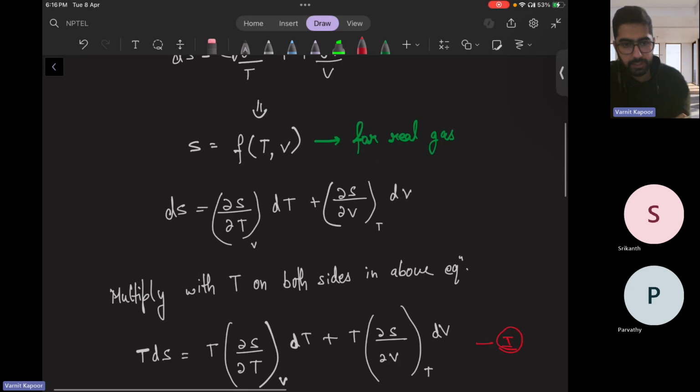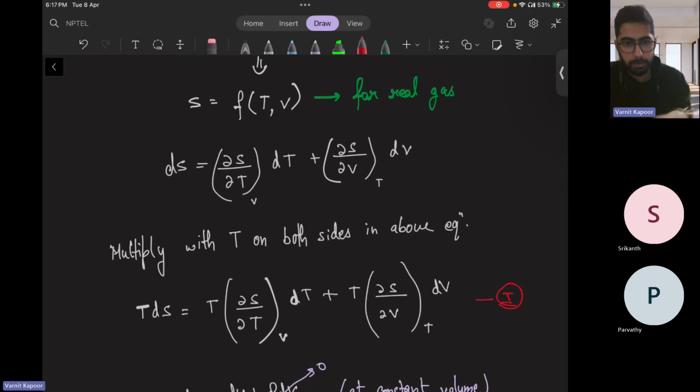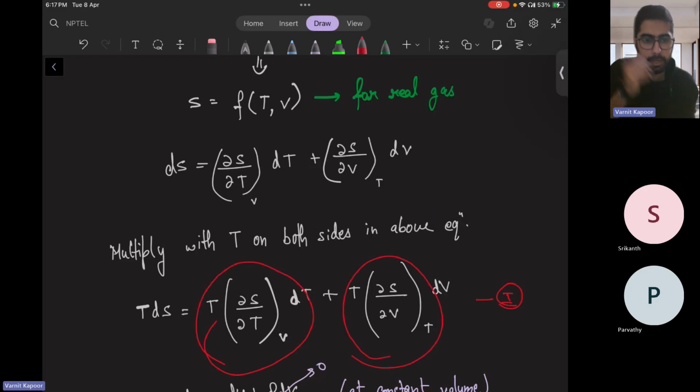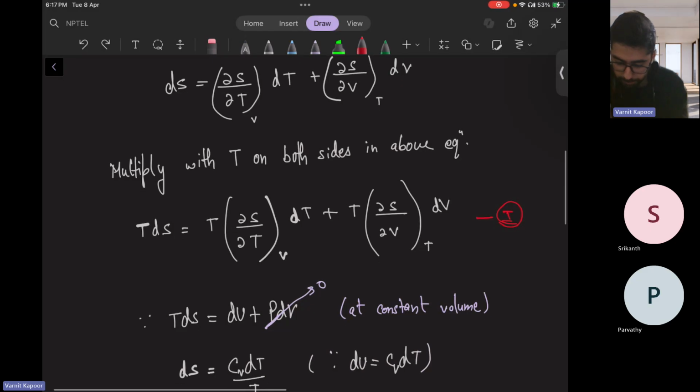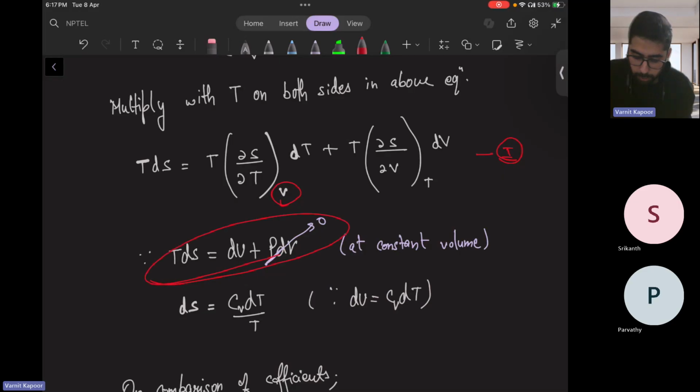Now you will multiply with T on both the sides. You got your equation 1. Now you have to manipulate these two coefficients, the coefficients of dT and dV, to get the values of the partial derivatives in terms of Maxwell relationships. Since it's a constant volume process, you get your first coefficient as Cv by T dT.